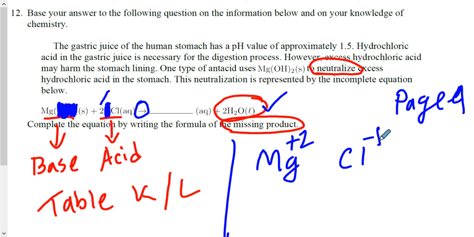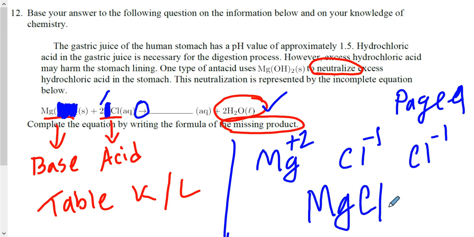Obviously, the charges are not balanced, so you need two chloride ions for each magnesium. Therefore, the formula should be MgCl2. And this is what we're missing in this question. So that's our salt from the acid and base reaction.